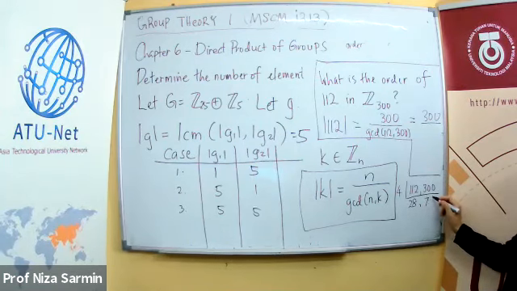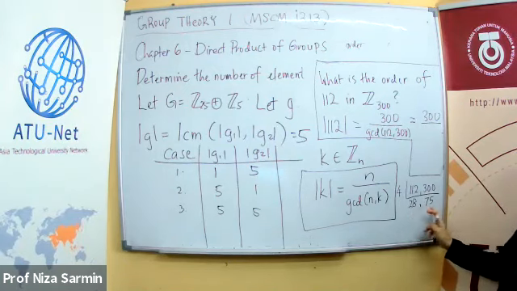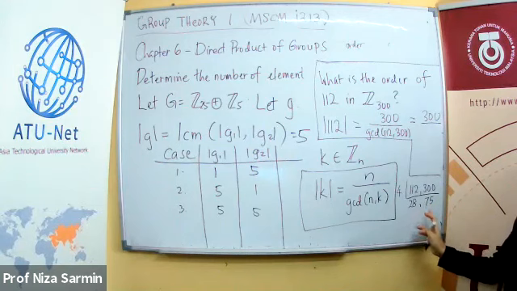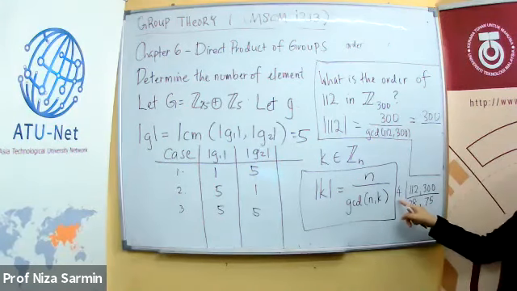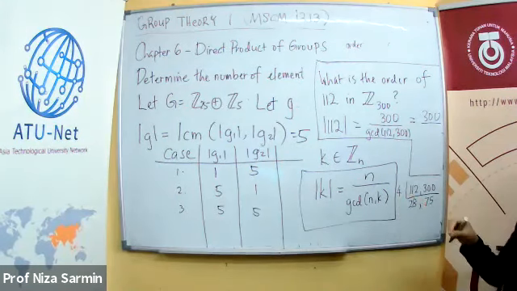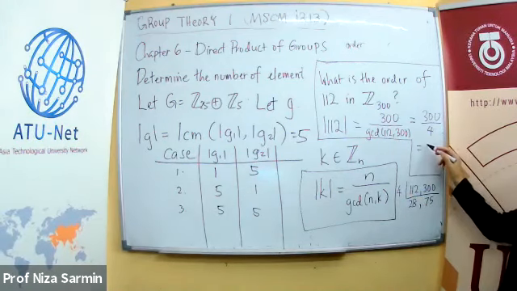And 75. Can you find any more? No, right? So the GCD is 4. So the answer is 75.